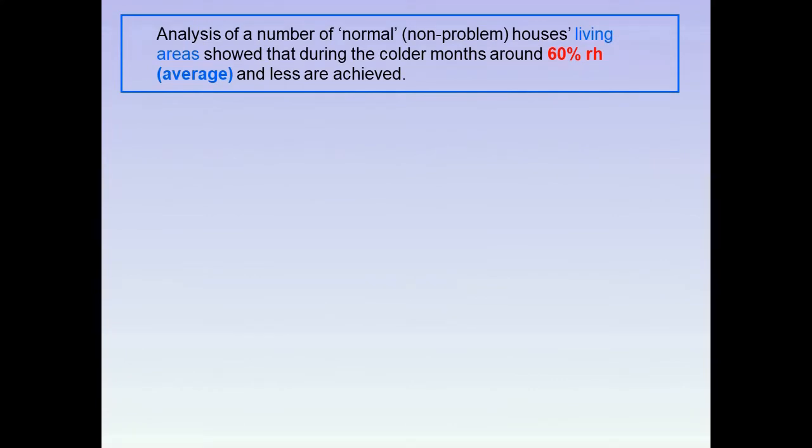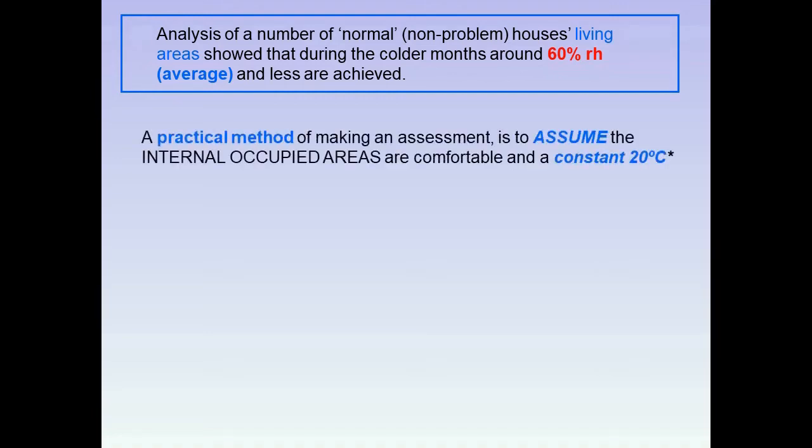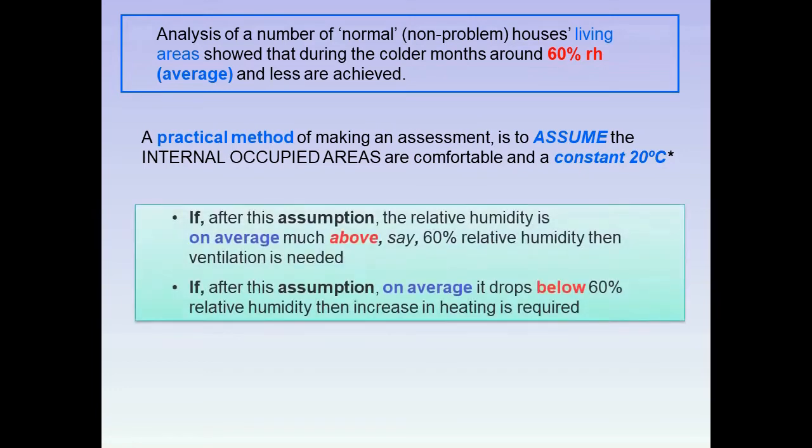If we look at properties, we found that analysis of a number of what we could loosely call non-problem houses in living areas showed that during the colder months of the year, around 60% RH as an average, and that's important, and less are achieved. Therefore, a practical method of making an assessment is to make an assumption. That is, to assume the internal occupied areas are comfortable and a constant 20 degrees.